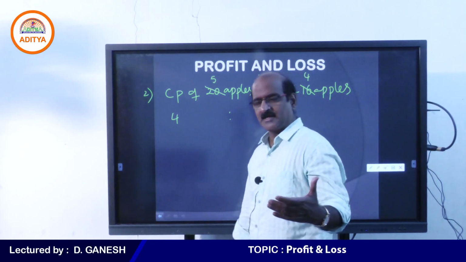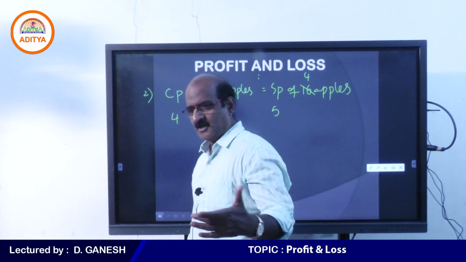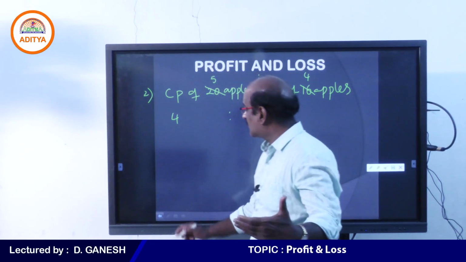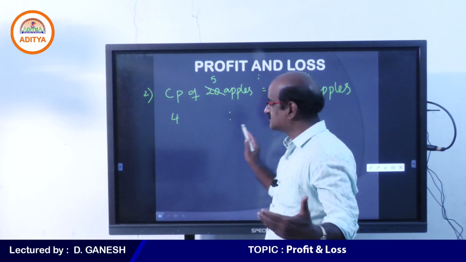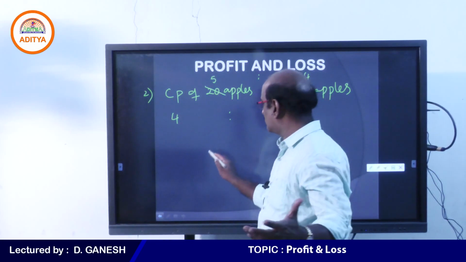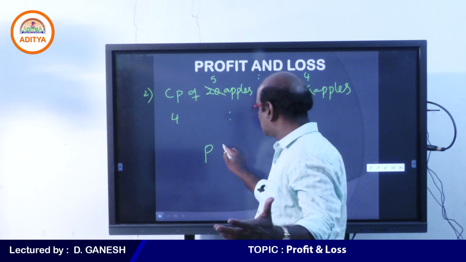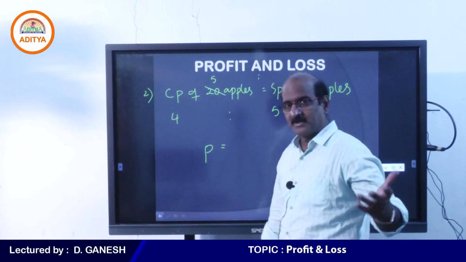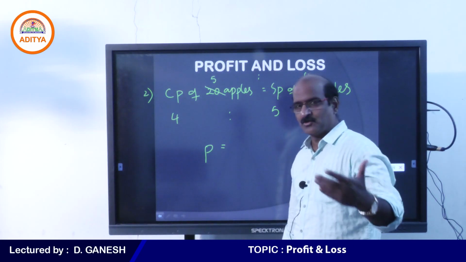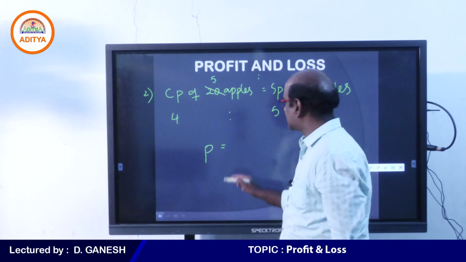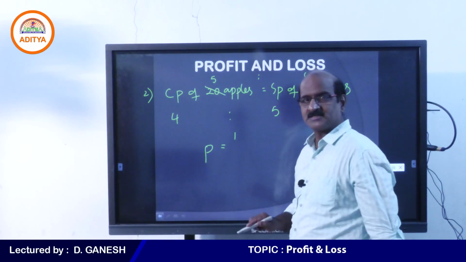I told you this earlier as well. Now you get it right. Cost price is less and selling price is more. Therefore, in this transaction, you must be getting profit, because when selling price is more, obviously you get profit for sure. Tell me what is the profit you get? 1 rupee is the profit.